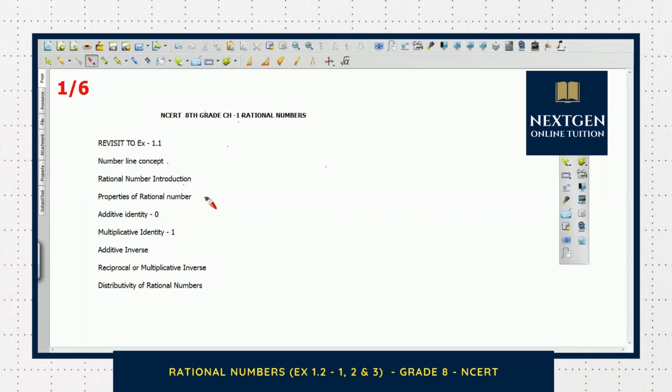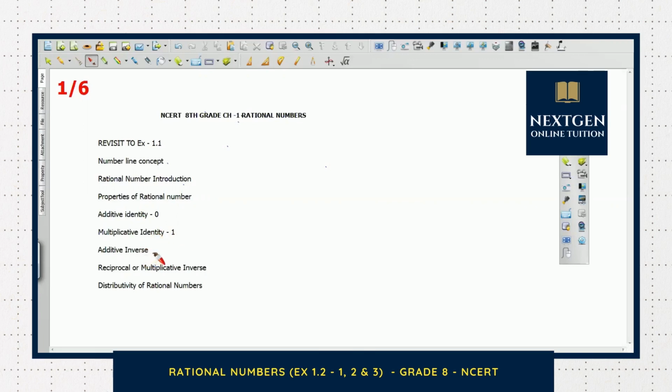The four basic properties: closure, commutative, associative, and we have worked out certain sums to prove that also. Additive identity and multiplicative identity, which is nothing but adding any number with 0, we get the same number, and multiplying any number with 1, we get the same number again, which is nothing but identity.